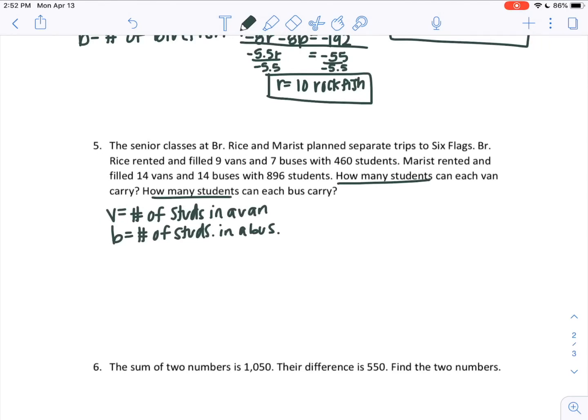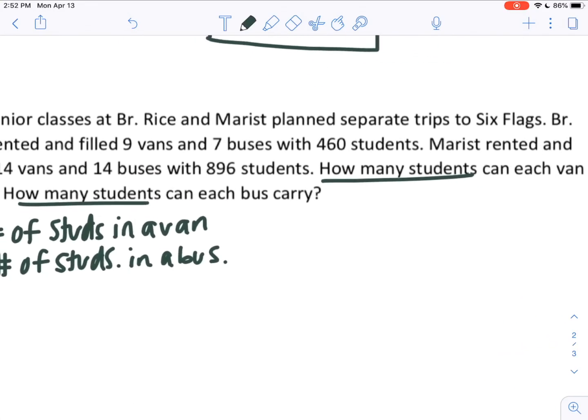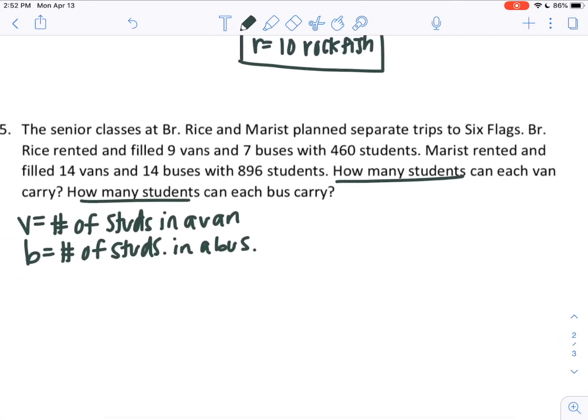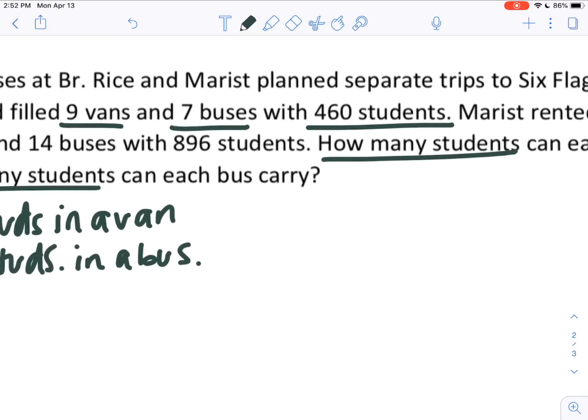Okay, so these ones you translate as is. Okay, when it's saying like 9 this, 7 that, 10 this, 10 that, you're just going to translate like you see it. So what I mean by that is this first sentence is telling me there's 9 vans and 7 buses with 460 students. That is giving me my exact equation. So 9 vans and 7 buses equals 460 students.